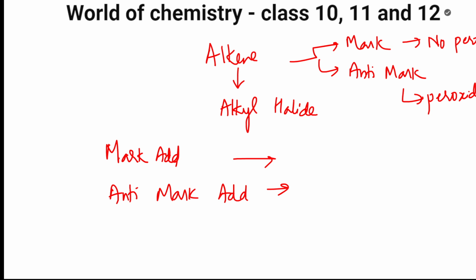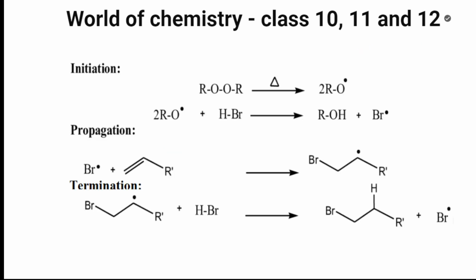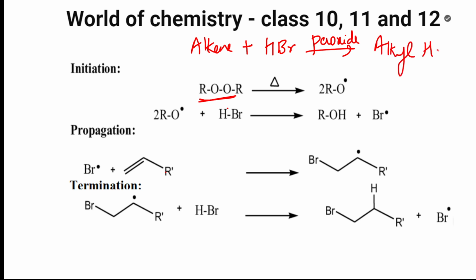Remember, whenever there is an addition of HBr to a particular alkene in the presence of peroxide, I'm taking alkene, I'm going to add HBr in the presence of peroxide to give me an alkyl halide, one bromo, which is the primary product. Whenever HBr is added in the presence of peroxide, it first generates a free radical.